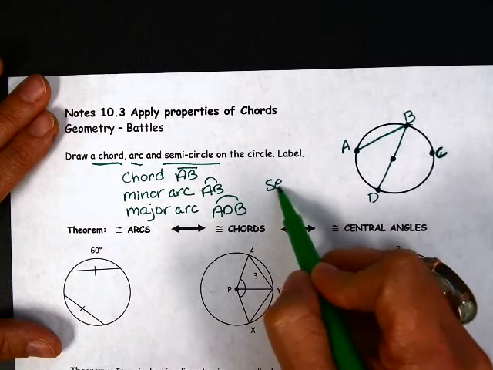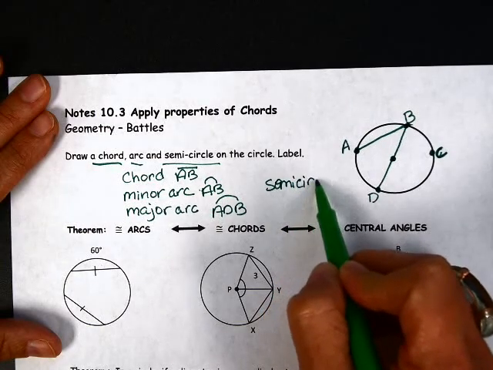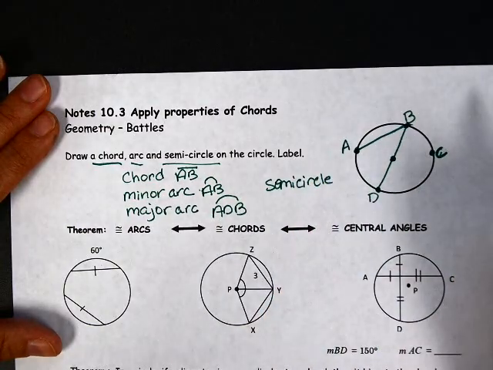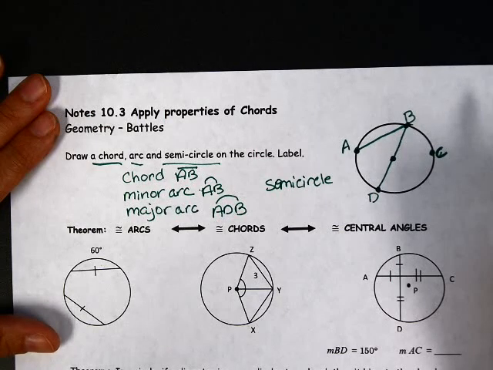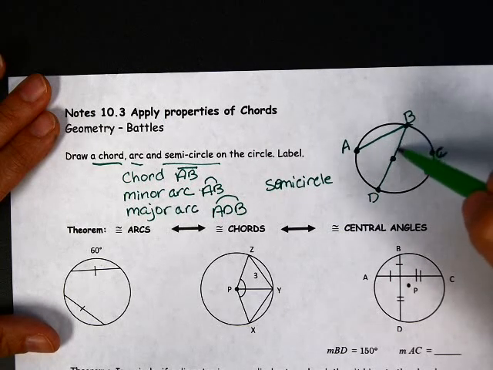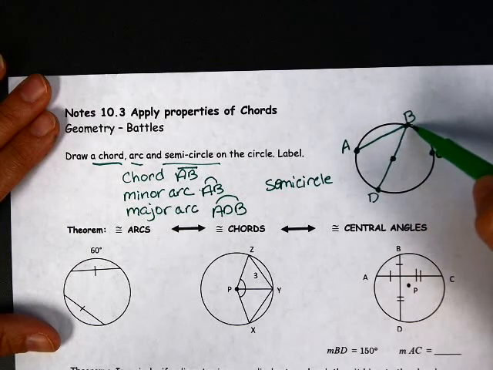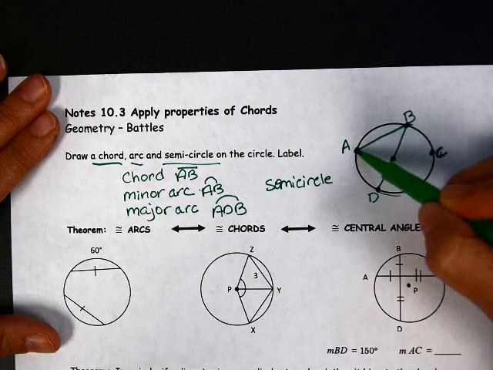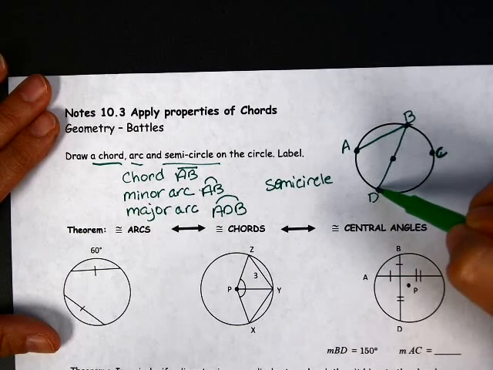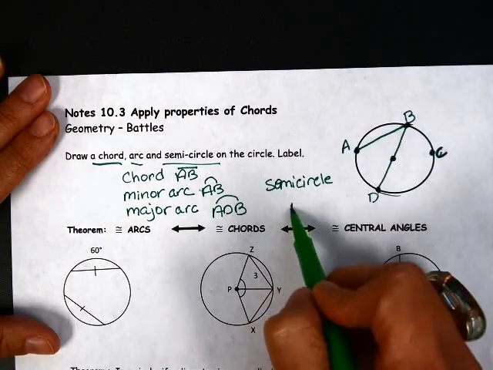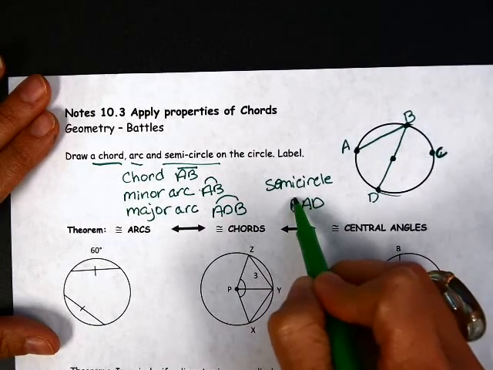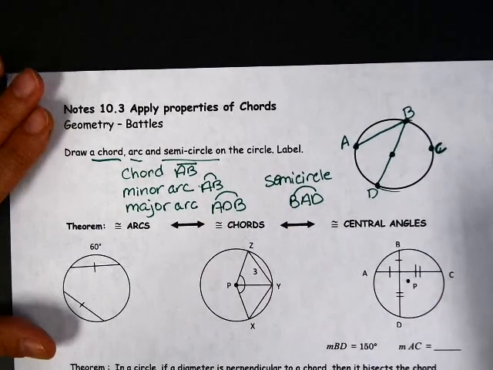Then to create a semicircle, you use three letters again, but you just use half the circle. So since this is a diameter, we can use this half or this half. And you can go either direction, BAD or DAB. I'll just spell out a word, bad, with an arc mark on top.